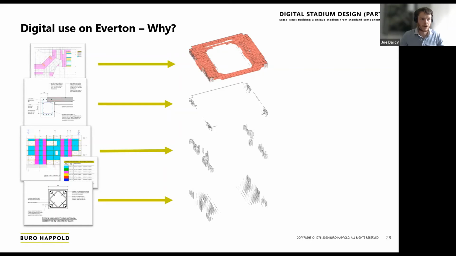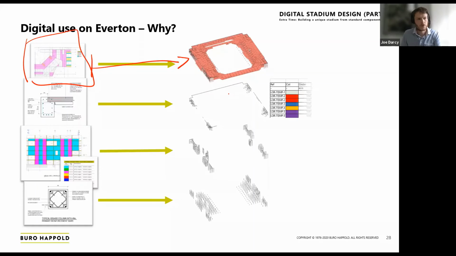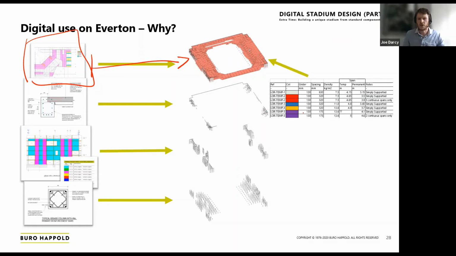So while there is a permanent design which we need to embed in the objects, there is also the temporary design. We worked closely with Laing O'Rourke to understand what their temporary requirements were for assembling all of these planks on site.